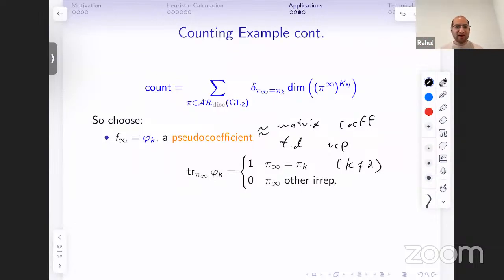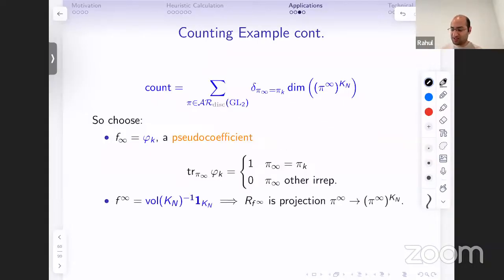Okay, so that just comes from some abstract considerations. We get this test function at infinity for free. What are we going to do away from infinity? Well, if we take the indicator function of this level subgroup K sub n and we normalize it by the volume, then you can check that the convolution operator against it is the projection from pi away from infinity to the fixed points.